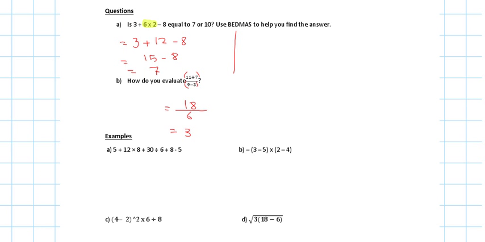Let's look at this example. So I'm going to read it to you, and then you're going to tell me, where do I have to start? So 5 plus 12 times 8 plus 30 divided by 6 plus 8 minus 5. I have no brackets, right? Do I have any exponents? No. So I skip these two for now.